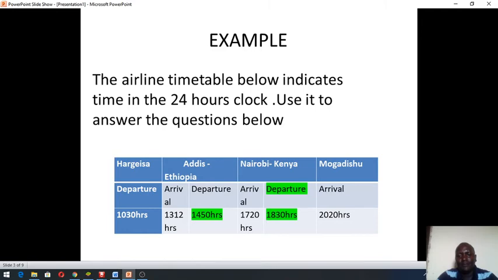We take the departure time, take away the arrival time. The departure time is 1830 hours. We take away the arrival time, the time that airplane arrived in Nairobi, that is 1720 hours.